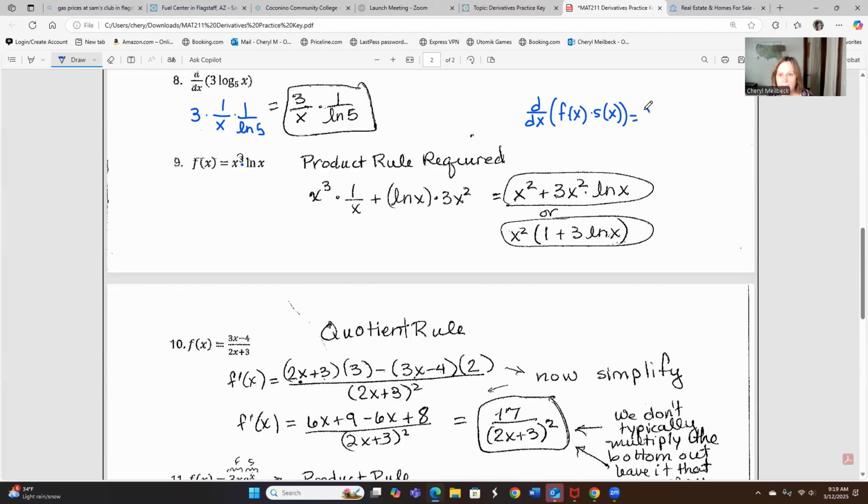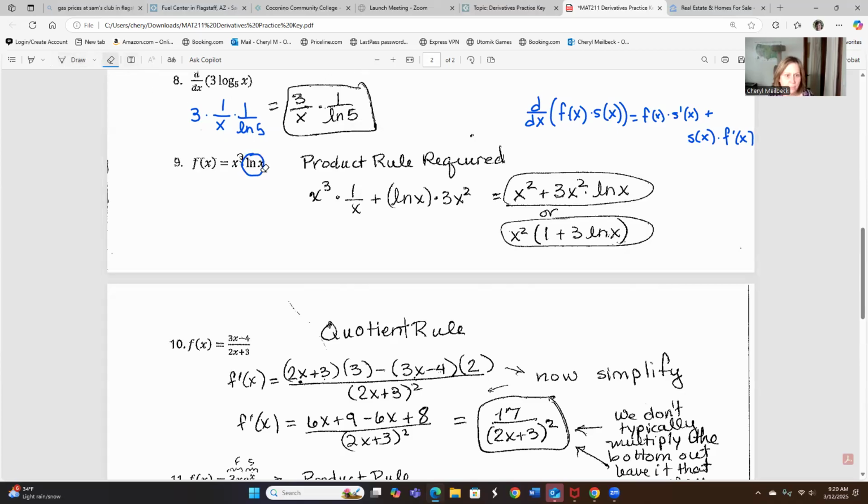The derivative of that is the first function remaining the same times the derivative of the second function, then plus the second function remaining the same times the derivative of the first. Now we know that we need to do this because this has a variable in it and that has a variable in it. So that's why we'll proceed like this.